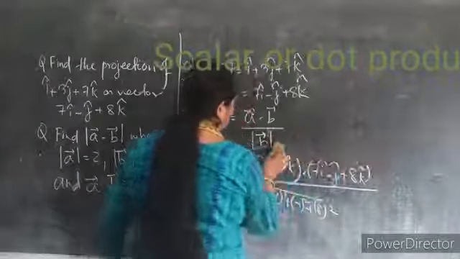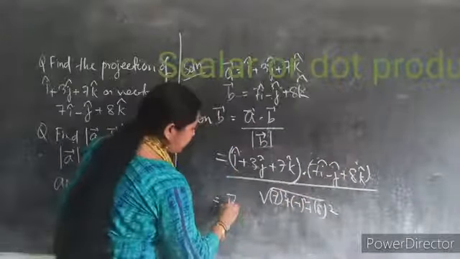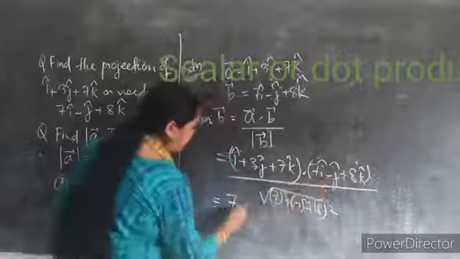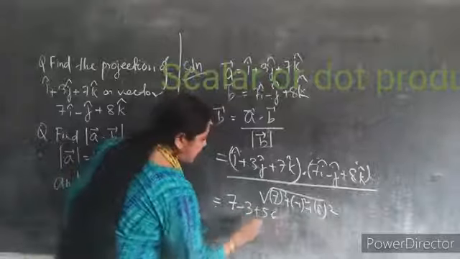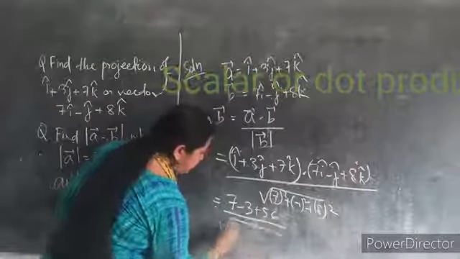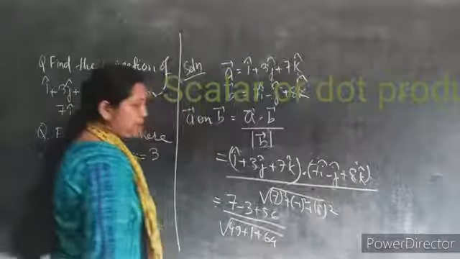Okay. So here, what are you getting? This will be 7 plus 3 minus 1 will be minus 3, plus 7 into 8 will be plus 56, divided by root over 49 plus 1 plus 64. Isn't it?